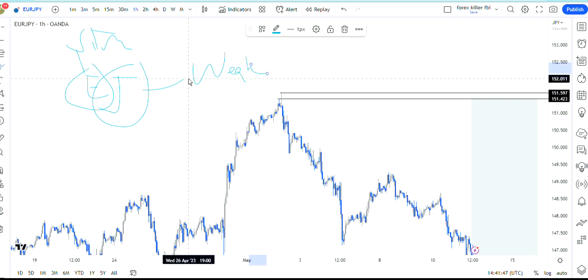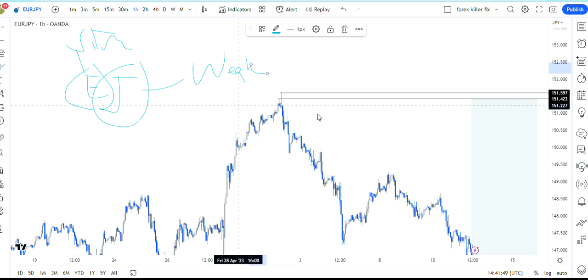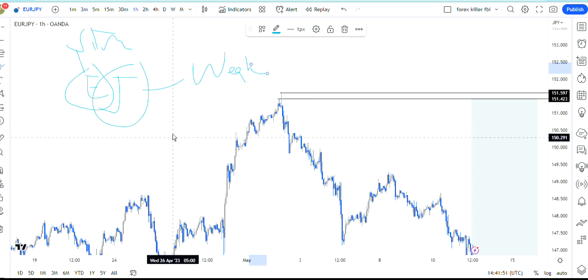So if we buy Euro Japanese yen, we have to see that the Japanese index or Japanese future might be weak, and if it is weak, it must be selling, as we can see here.